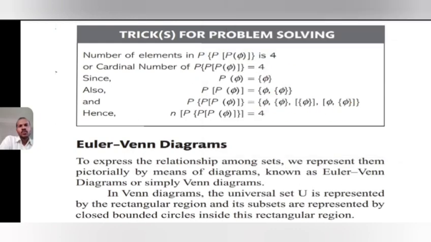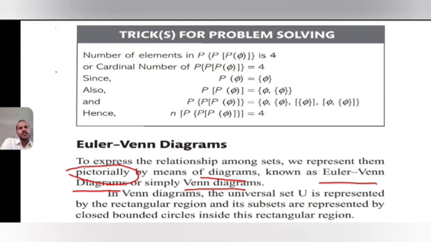Now we move to Venn diagrams. Already you know Venn diagrams well. To express the relationship among sets, we represent them pictorially by means of a diagram known as an Euler-Venn diagram, or simply a Venn diagram, right?